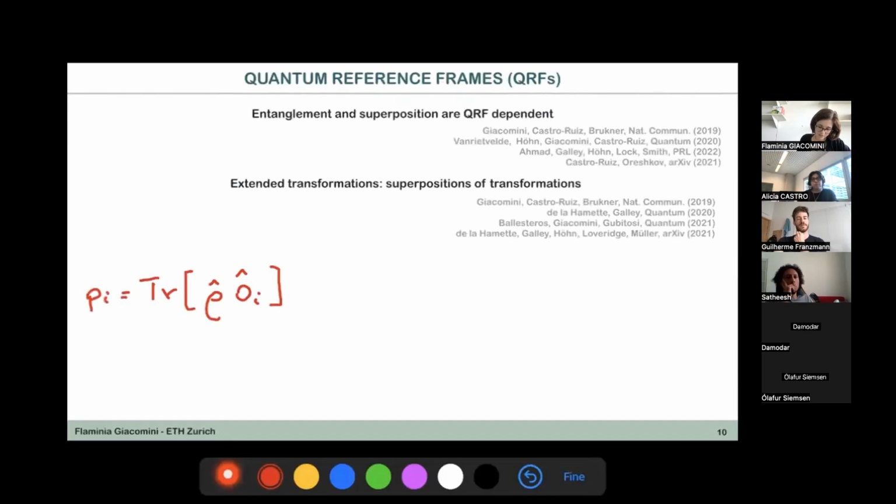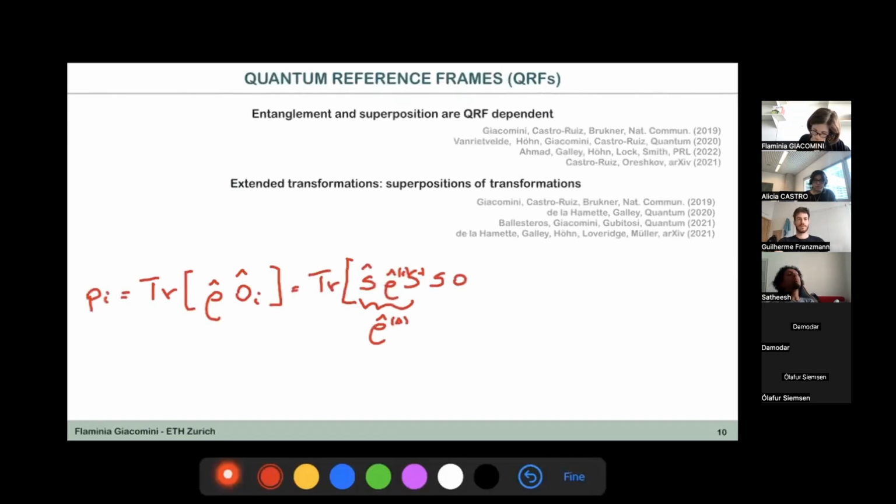Now, what happens if I perform a quantum reference frame transformation? I apply some operator S to my quantum state, rho, and this will be the new rho in the final quantum reference frame. Let's call it A. But then I also have to transform the operator in order to make the same experiment.